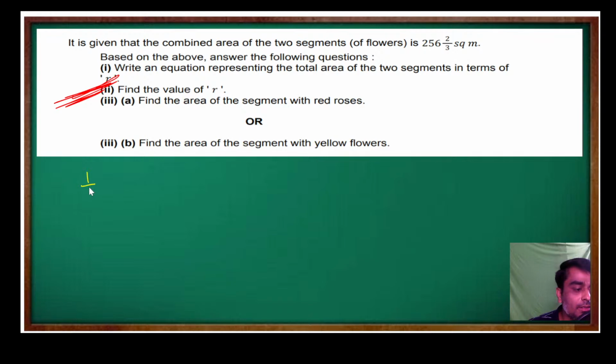1 by 4 pi r square minus half r square plus 1 by 6 pi r square minus root 3 by 4 r square equal to 256.66.